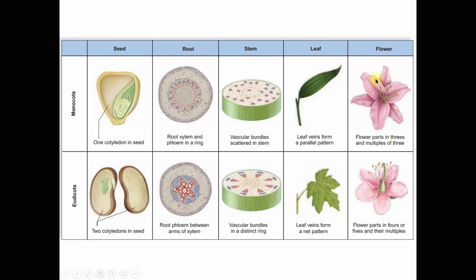For flower parts, monocots have them in 3 or multiples of 3, whereas eudicots have them in 4 or 5 and multiples of 4 or 5. Okay, so now you know.